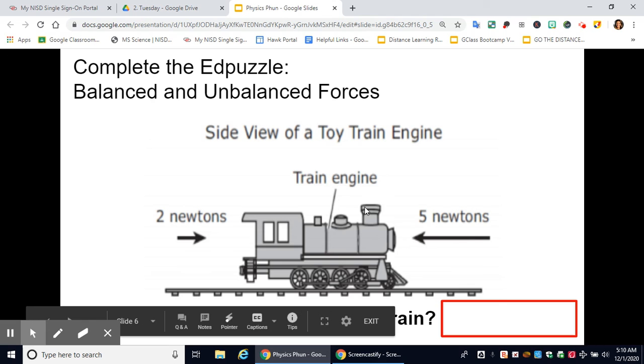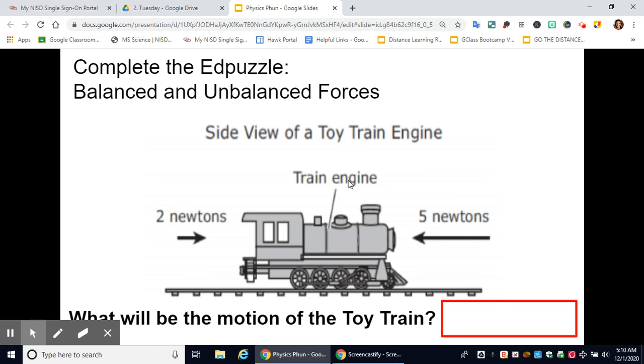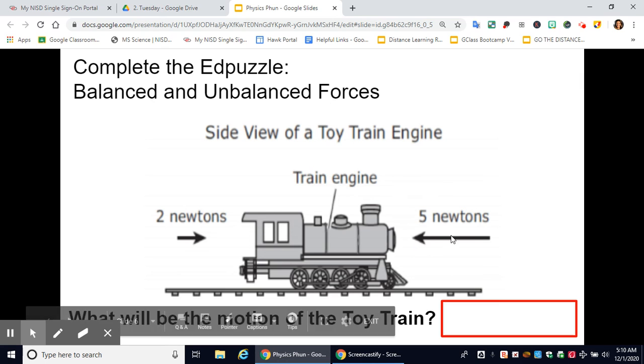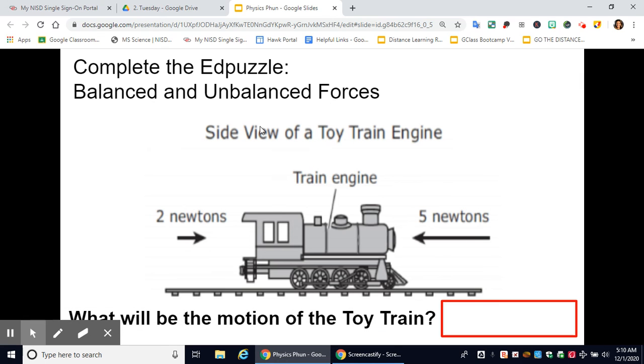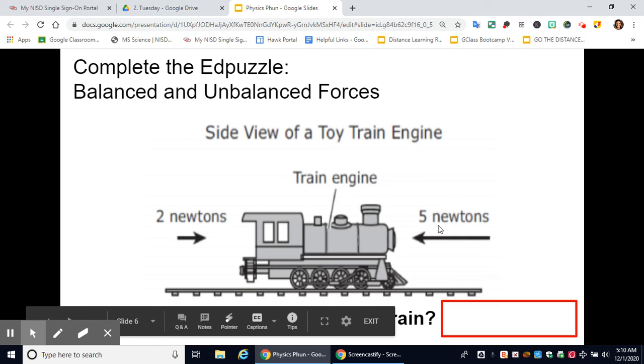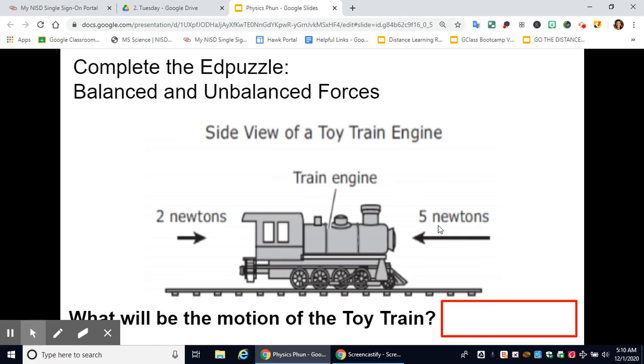So we can look at a scenario of an unbalanced force because here our net force is going to be greater than 0. So here we have a side view of a toy train. We have 2 newtons of force being applied to the right and 5 newtons of force being applied to the left. If we wanted to know the net force acting on the train, these arrows are pointed towards each other, so we're going to subtract 5 subtract 2 would be 3.